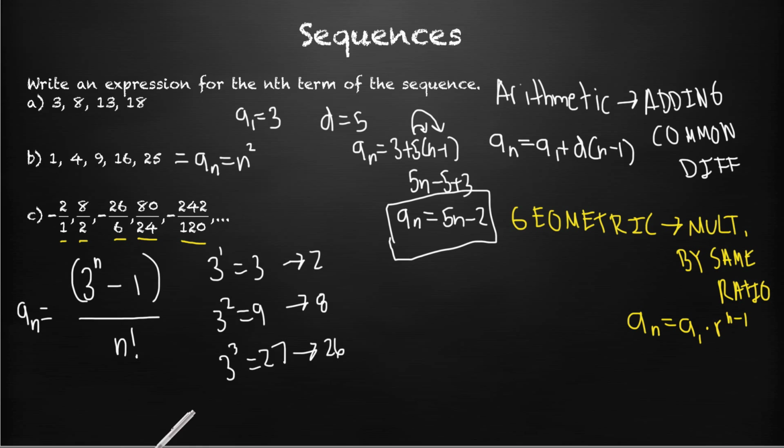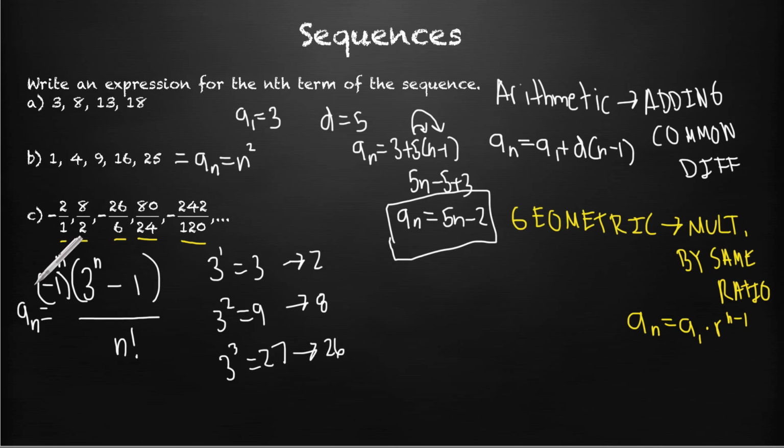Now, you may think you're done, but I want you to notice something here, that the numbers are oscillating in their signs. The first number is negative, and then the second is positive, then negative, then positive, then negative. Anytime you have that situation, you need to put out in front a negative 1 to the n power. And always check and make sure that when you plug n back in, it gives you this list.